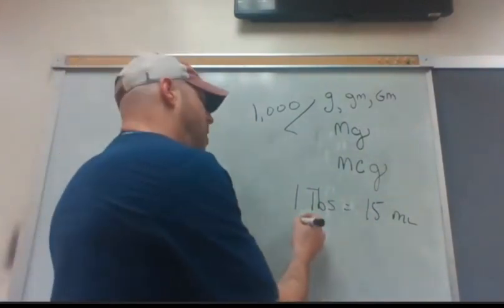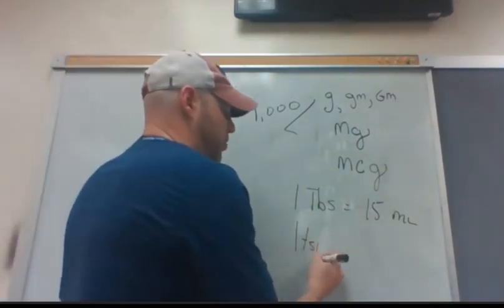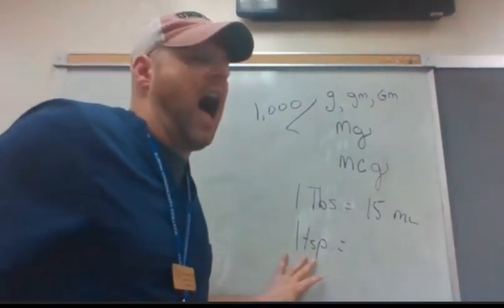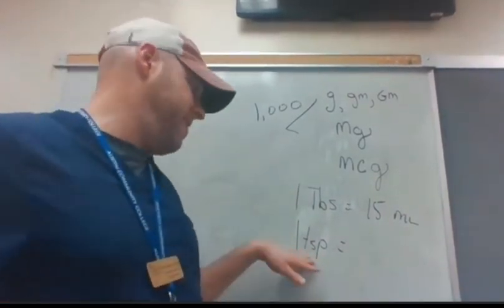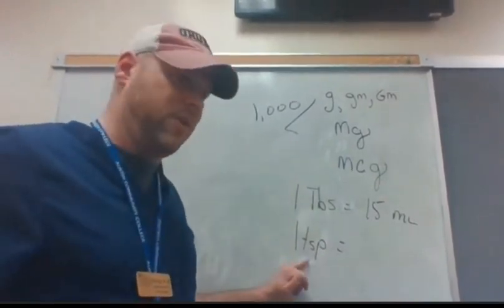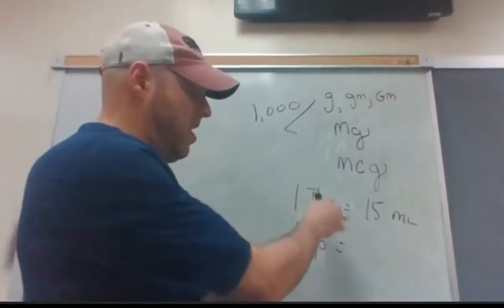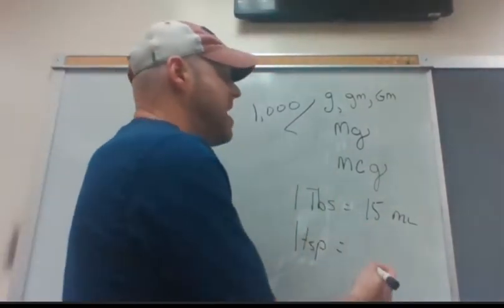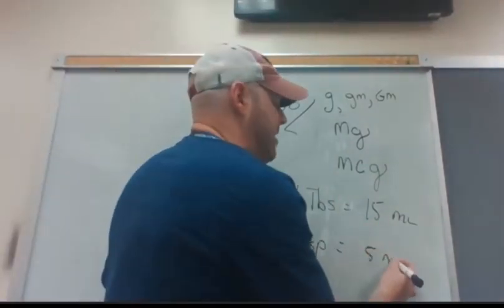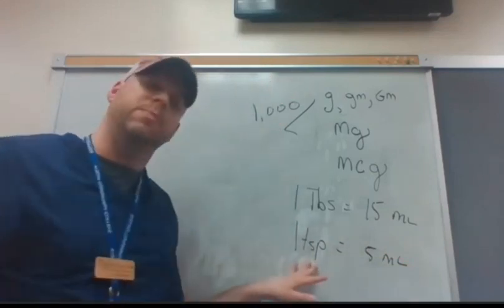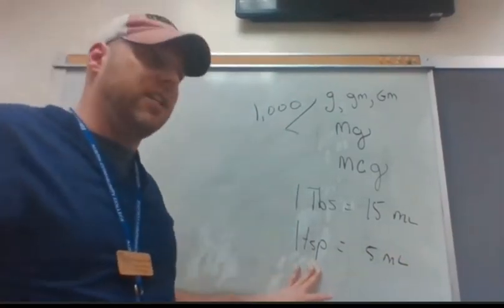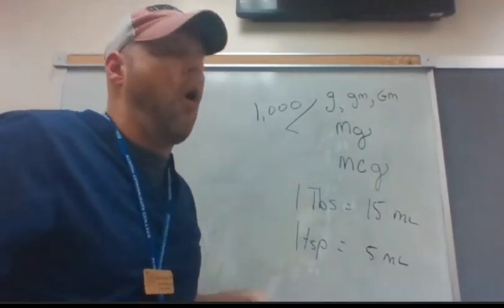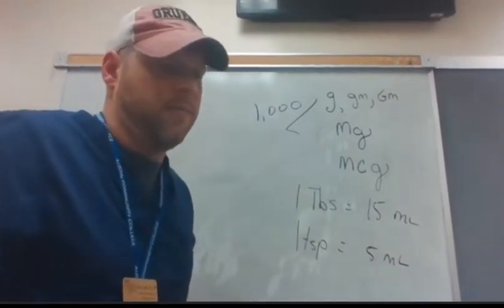That means if I want 1 teaspoon, which is smaller than a tablespoon, I know that there are 3 teaspoons in 1 tablespoon. So I can fit 3 small spoons into your big soup spoon, okay? And that is 5 milliliters, is a teaspoon. Read your question carefully to decipher if it's tablespoon or teaspoon.